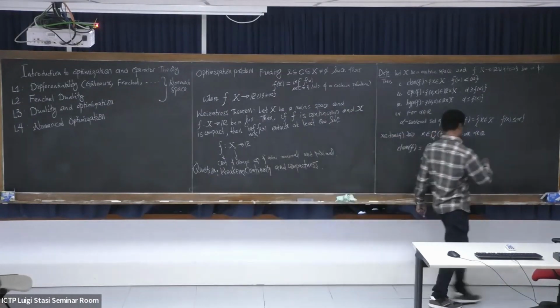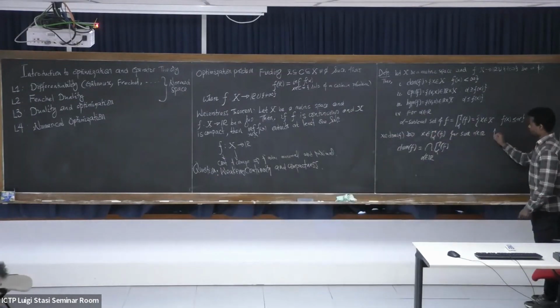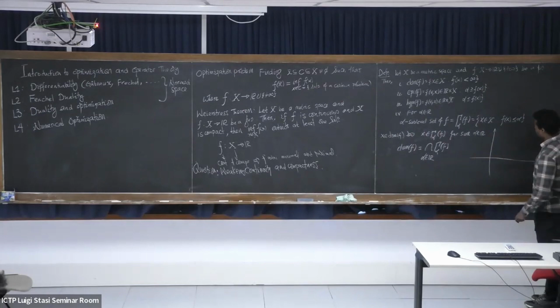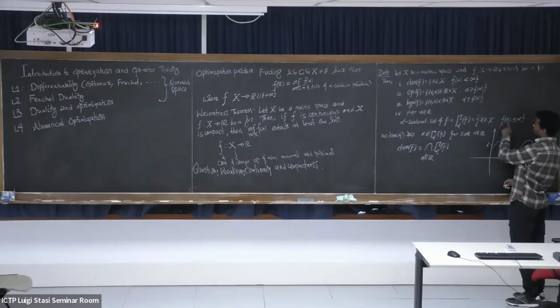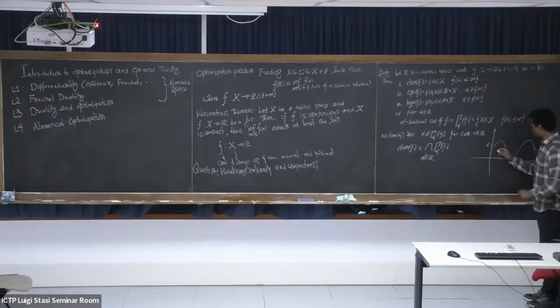The alpha sub-level set means this. If we have alpha here, the set of points in X where the functional value of F is less than this one, maybe here, with this one.